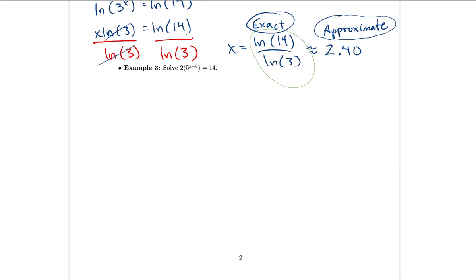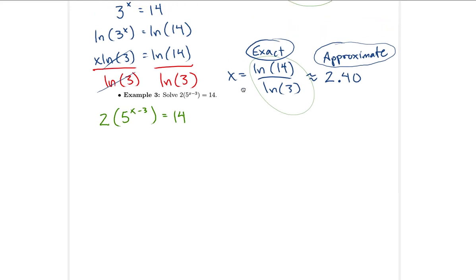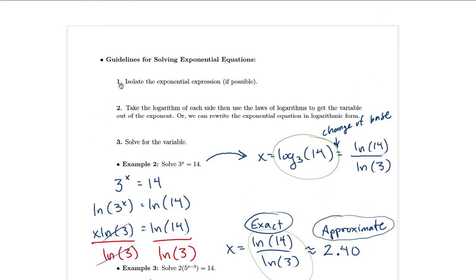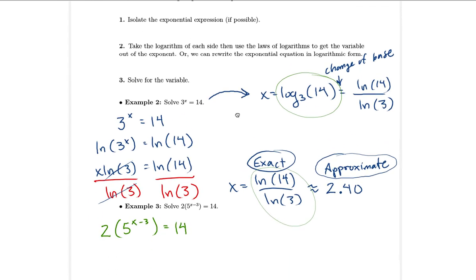All right, let's do another one here. So here we have 2 times 5 to the x minus 3 is equal to 14. I look at this, and I might be tempted to immediately take the log of both sides, but let's remember, number one is isolate the exponential expression if possible.